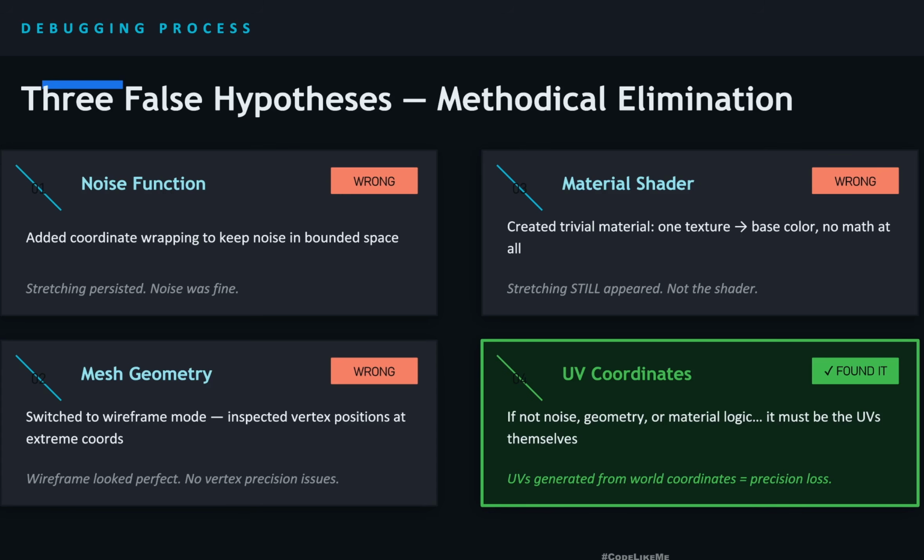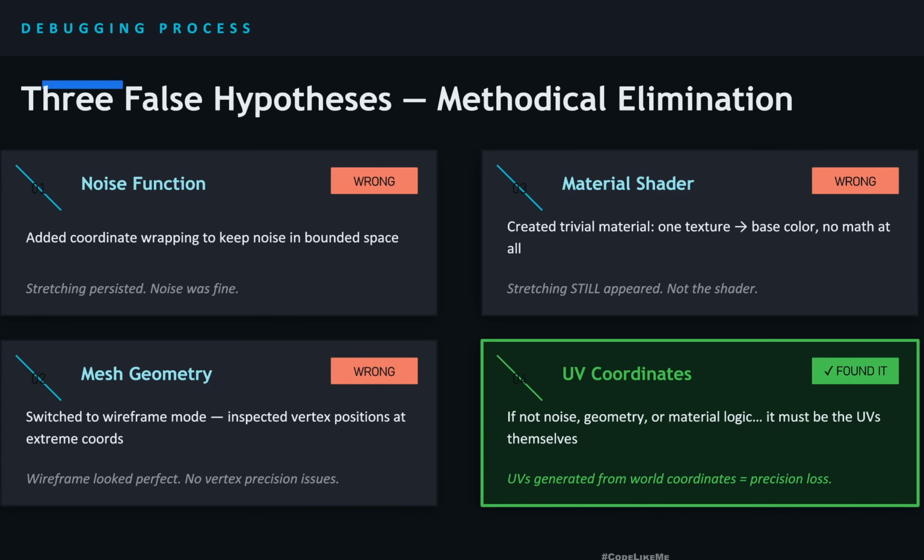Also, I didn't want to keep wrapping because that would repeat the same pattern across the landscape. Even though it might be across a very large area and the player might not notice, I still wanted to avoid that. I also thought that since I'm using nodes like world position inside my material, that might have something to do with it.